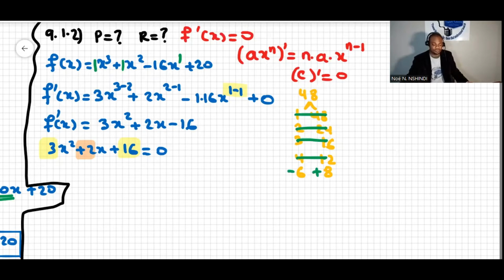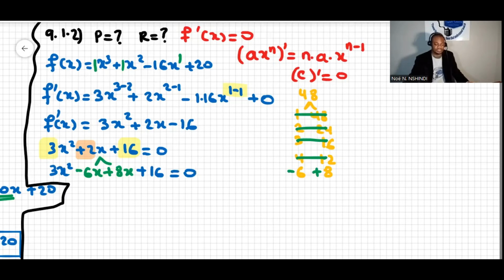So the same equation can be rewritten as 3x squared, and instead of writing 2x, I'm going to write negative 6x plus 8x, knowing that this is just 2x, and then plus 16 equal to 0.